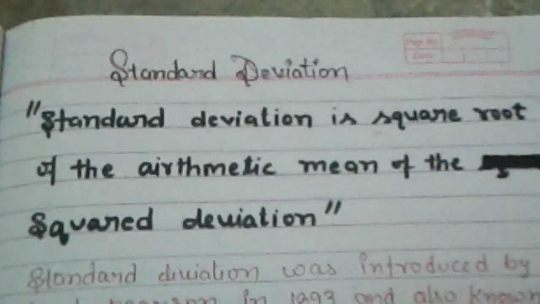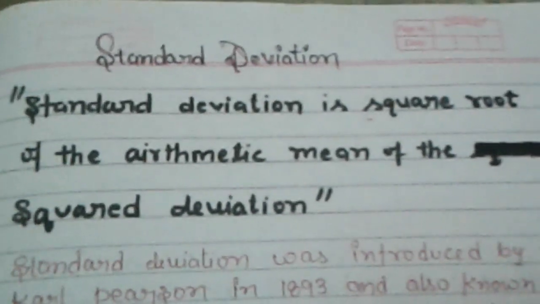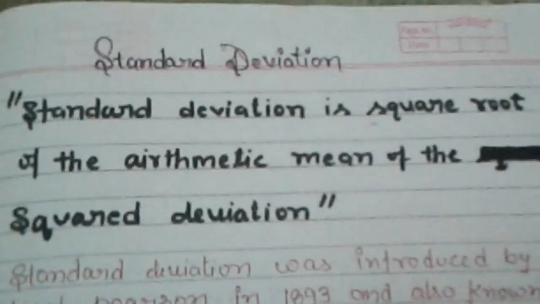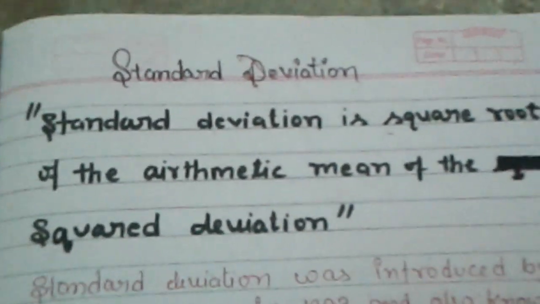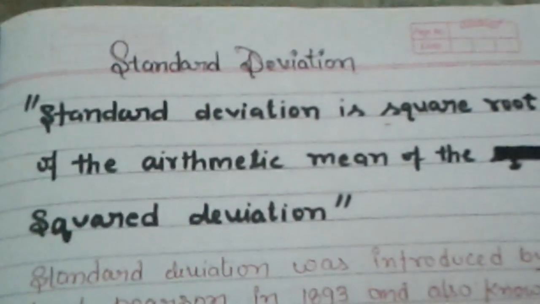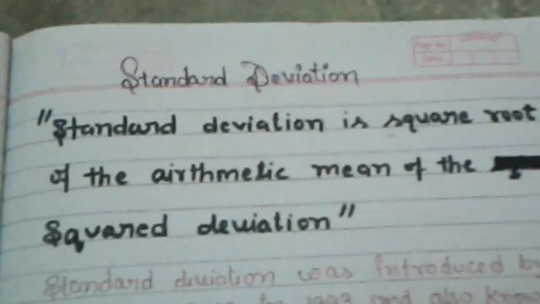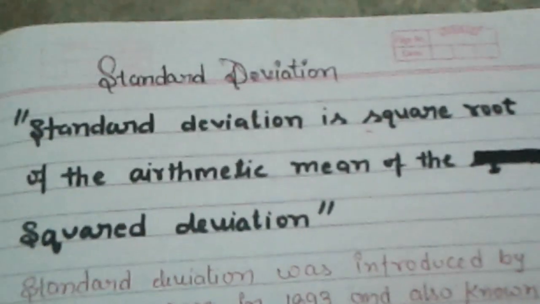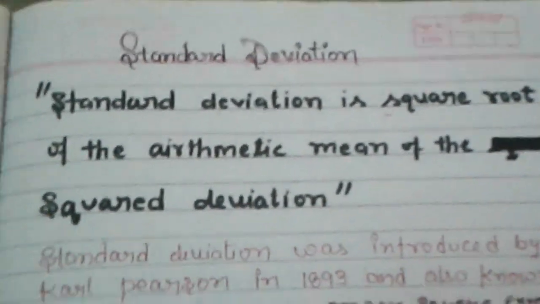By this definition, we can understand three things: square root, arithmetic mean, and squared deviation.